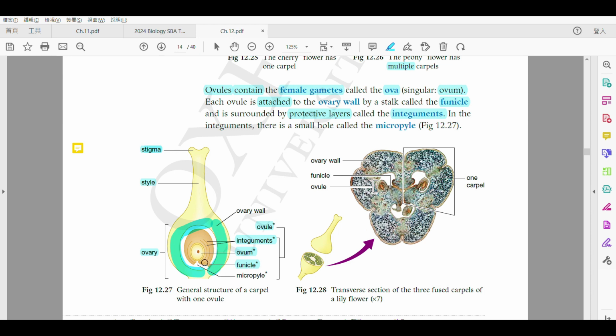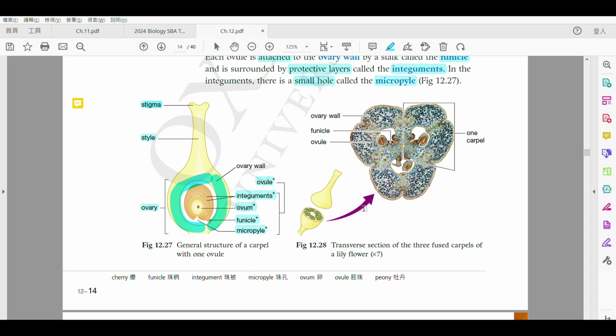Then you'll see there is a small hole here. When we talk about something small, we say micro, so this hole we call the micropyle.